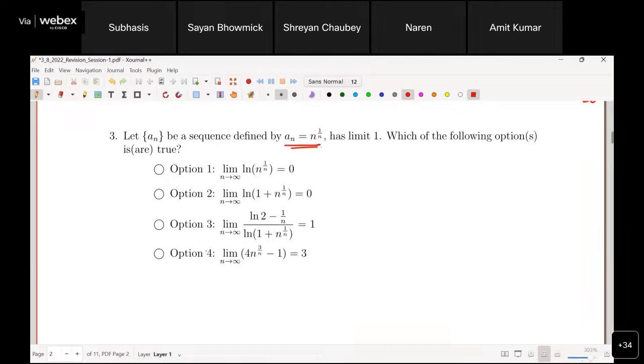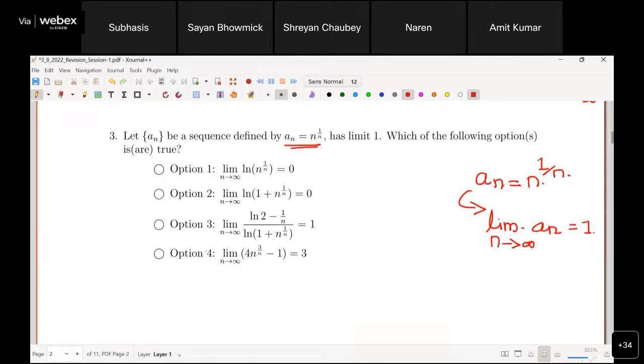So this is my an, which is n power 1 by n, and suppose you know that the limit of the sequence is 1. So the limit as n tends to infinity of n power 1 by n is basically 1. So this is given.